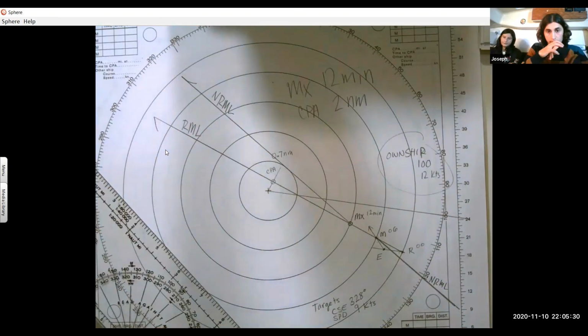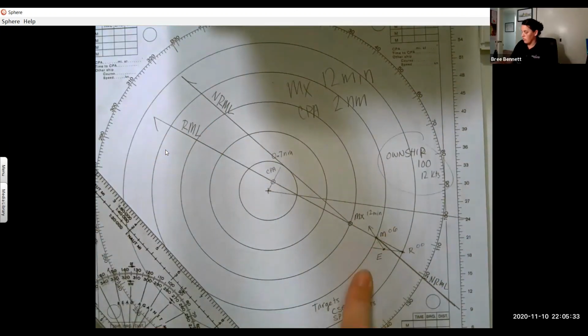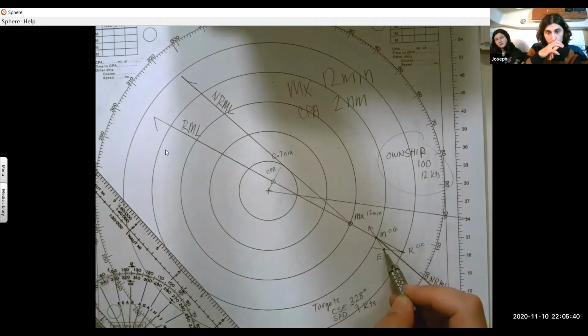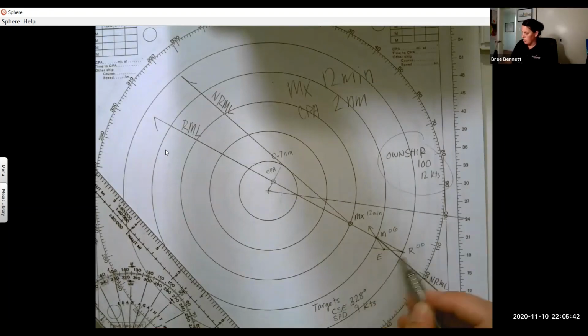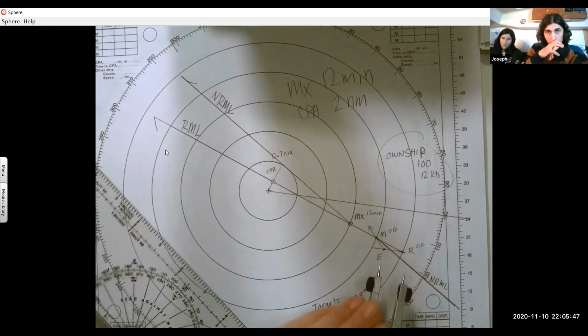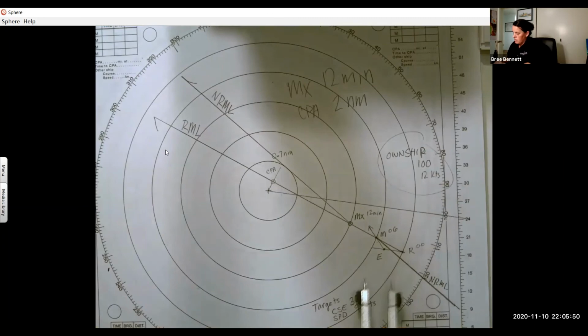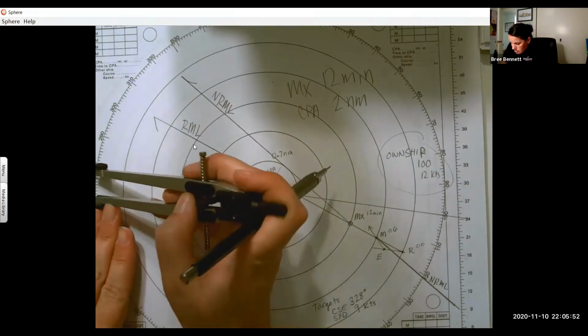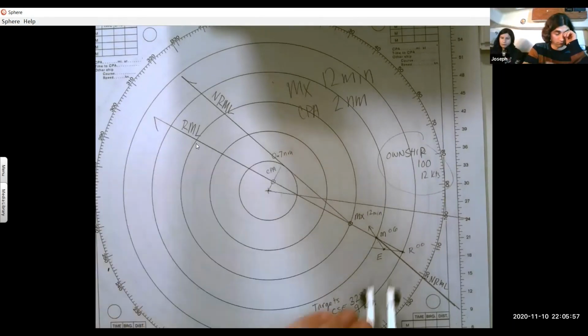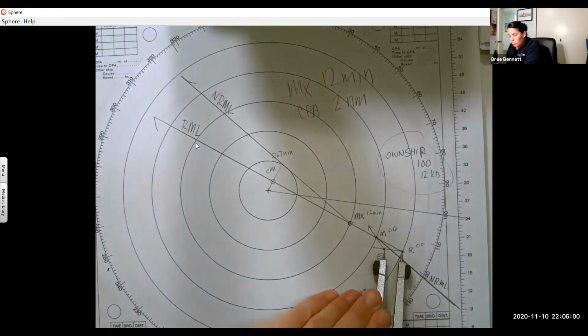So now I need to create a new triangle. So this was my original RME. My E is going to stay the same. My M is going to stay the same, but I need a new R. So if I was to change course, I keep my 12 nautical miles. That's my E to R. Let me do it on this one so it's a little more accurate. So E to R was 1.2 nautical miles for 12 knots.